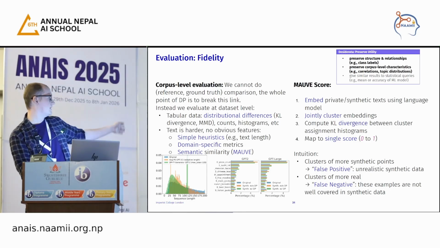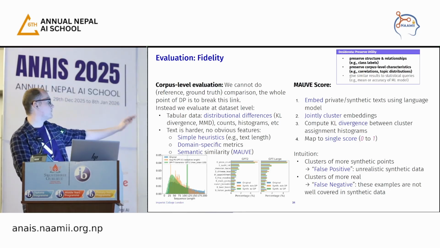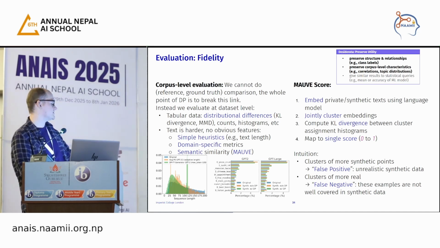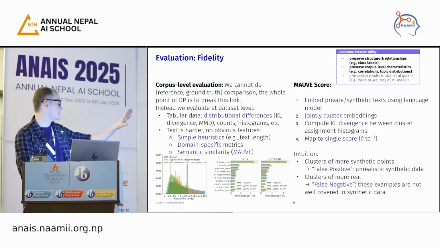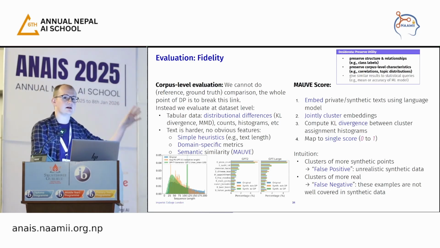Intuitively, again, we get two distributions that we need to match. If we have clusters with more synthetic points than original points, these are so-called false positives. These are regions in the data space that are overrepresented by synthetic data. There's no real original data clustered in this space.